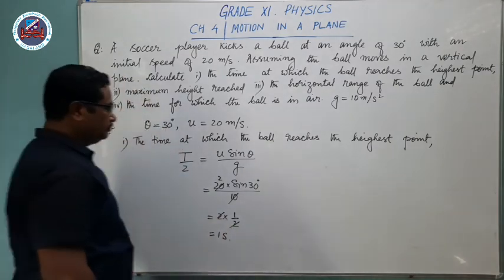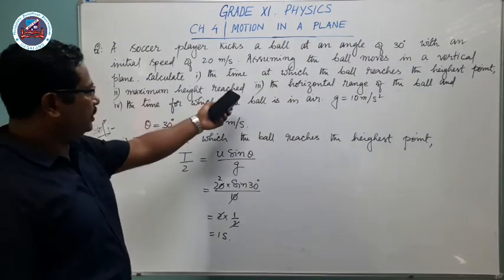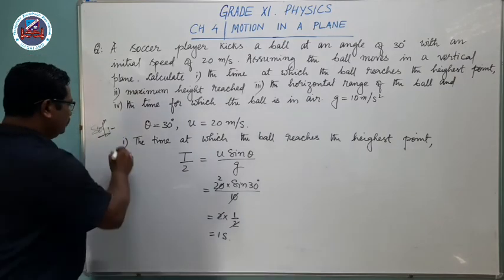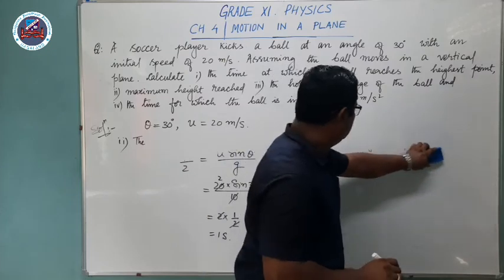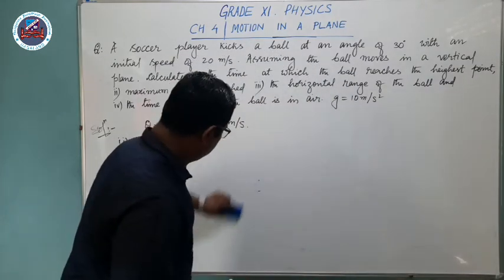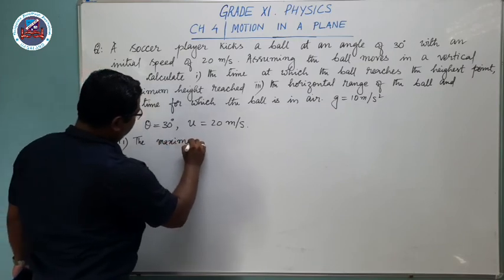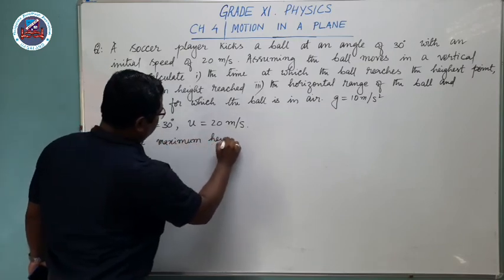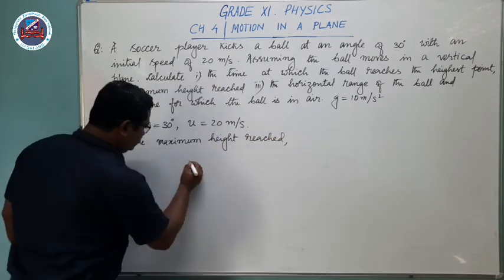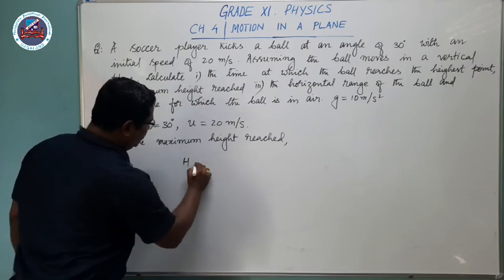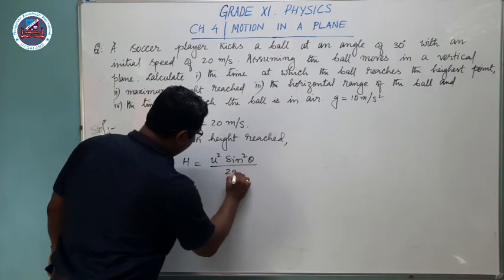Then the second one, maximum height reached. We write it as h. The formula is u square sin square theta divided by 2g.